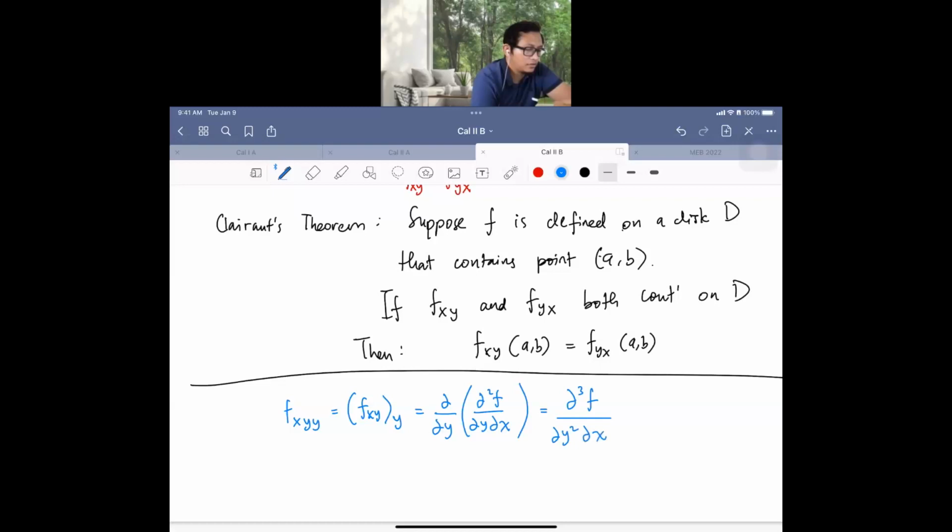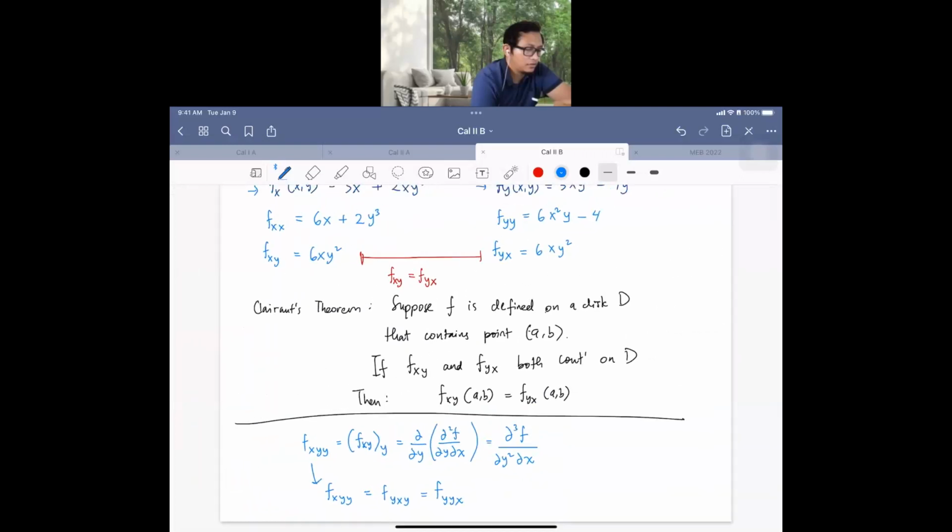And it can be shown that this will be equal to the other orders. I hope I can have time to prove it, but I think I will prove it later.